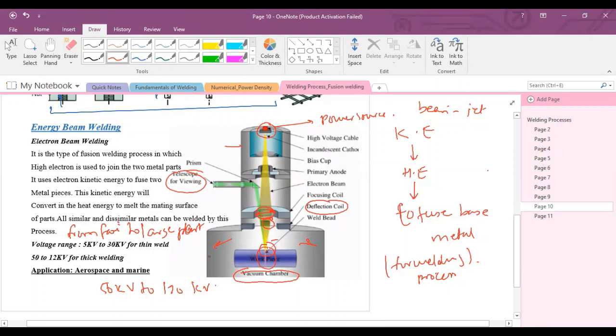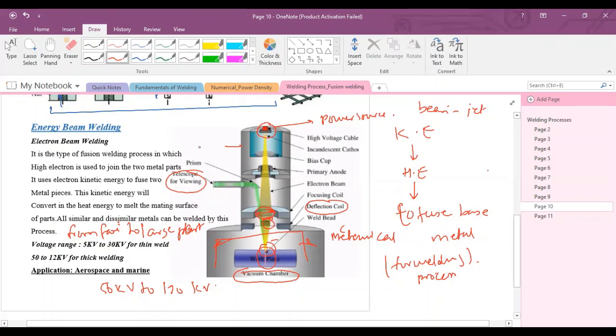And one more thing, the vacuum will be created inside this chamber with the help of a mechanical pump or electrical pump, because vacuum is needed to protect the electron beam from the outside atmosphere or environment. This is all for electron beam welding.